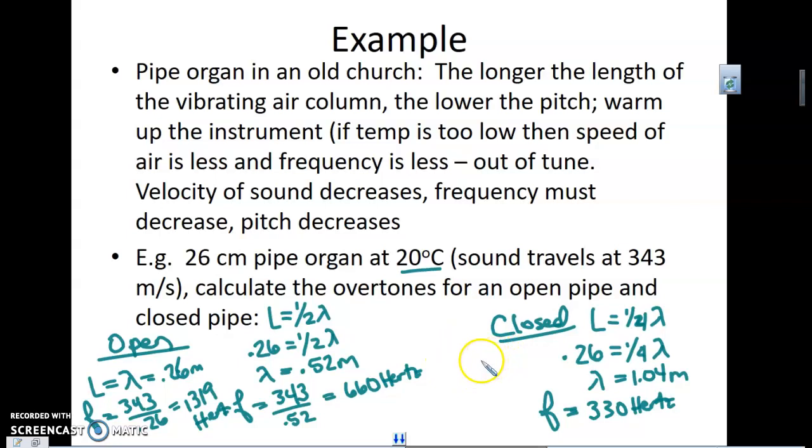We then actually go to our third harmonic, and you can kind of see from the pictures why that would be the third harmonic. The third harmonic is where the length is 3/4 of the wavelength, and so then our wavelength would be 0.35, and our frequency would be 990 hertz. Okay, I'm running out of room here, so for our fifth harmonic here, we'd end up with a wavelength of 0.208 and a frequency of 1,649 hertz.